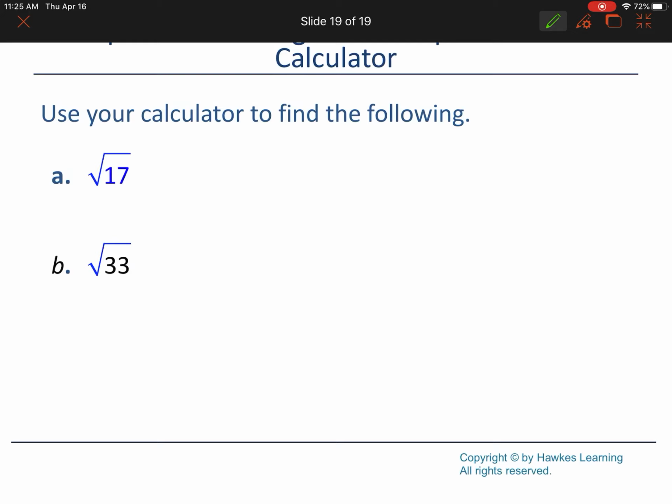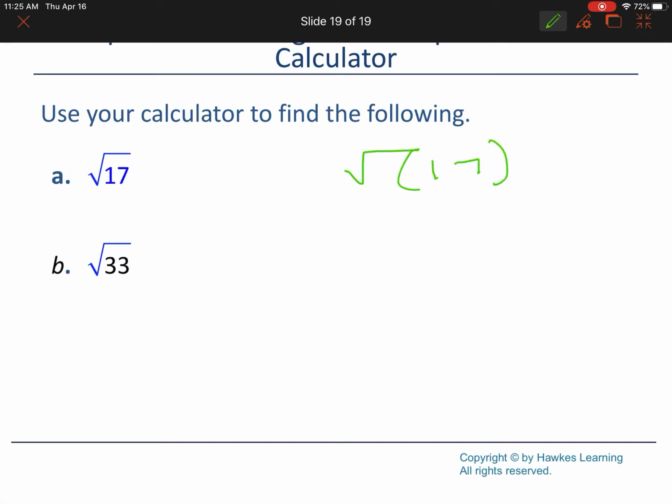All right, so hopefully you have your calculators. Pull out your calculators and try to find the answers to these here. On your calculator, you probably have a square root symbol somewhere, and if you're lucky, when you push the button for that square root symbol, it might pop up like a square root symbol and open up a parenthesis.